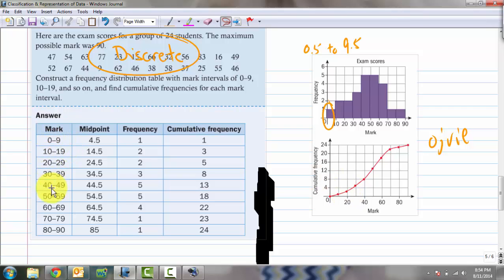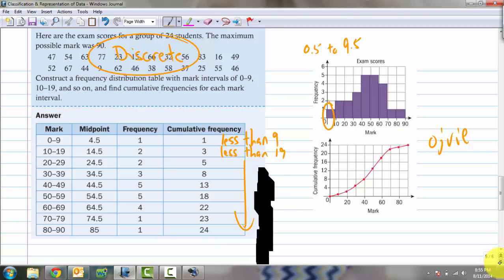We're using the upper limits of each one of these. We can think of these classes as being less than 9, less than 19, and so on down here. That's what these dots are representing. They're at 9, 19, 29, 39, 49, 59, 69, 79, 89. These ogives, these cumulative frequency polygons, should always increase. They will never, ever go down.